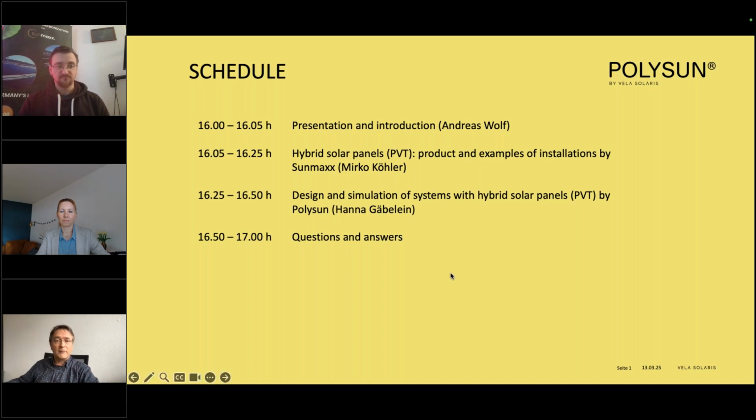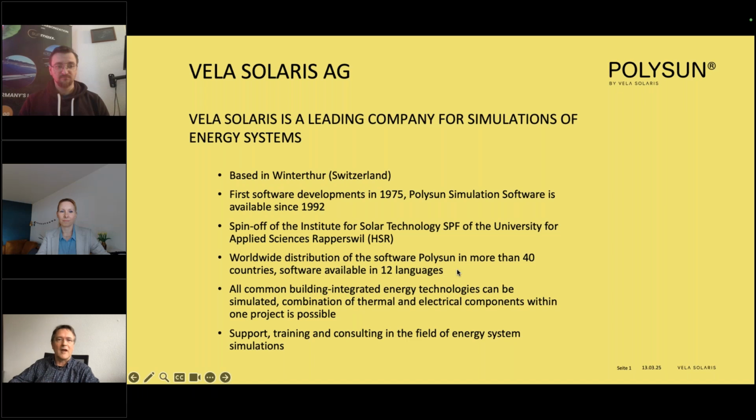So in case you have never heard of Polysun and our company Vela Solaris, so who are we? Vela Solaris is a leading company for simulations of energy systems. We are based in Winterthur in the canton of Zurich in Switzerland.